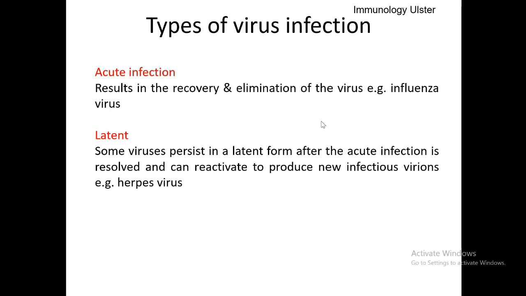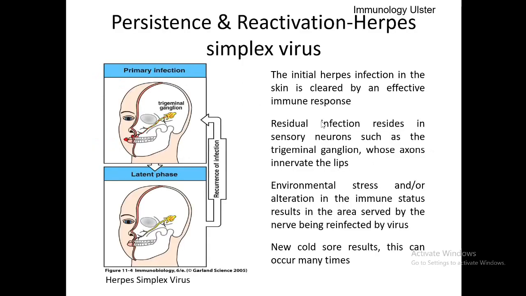It basically hides there until it senses that the immune system is not as alert as it should be. And once it senses that the immune system is suppressed, it then reactivates and causes reinfection.